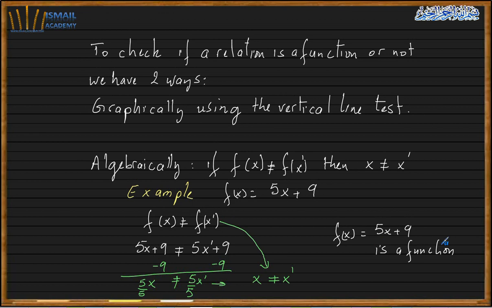Show algebraically whether a relation is a function or not. So in terms of domain and range, if a function is a relation, that means the domain is the set of all x coordinates and the range is the set of all y coordinates.